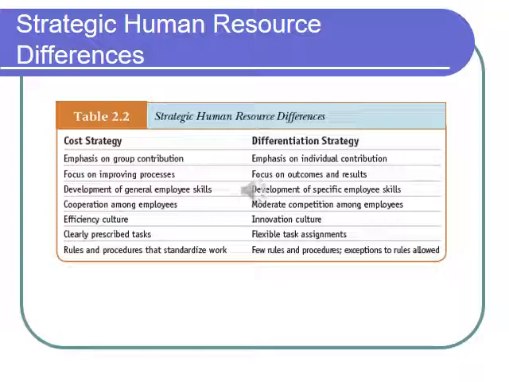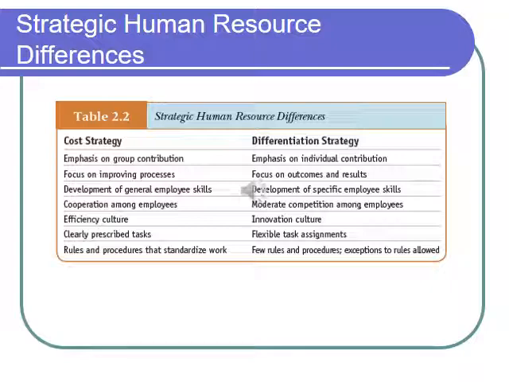They are not experts; they are ready to do whatever the organization requests them to do. While if you have differentiation strategy, you need to develop specific employee skills. You need your employees to be experts in specific fields.